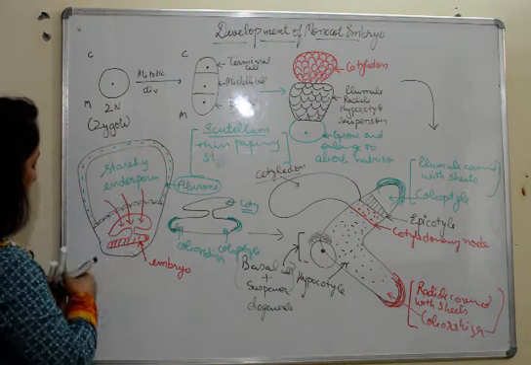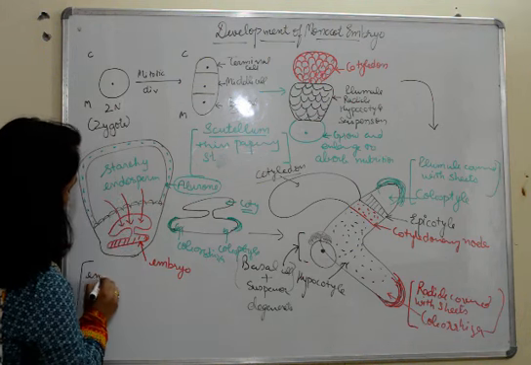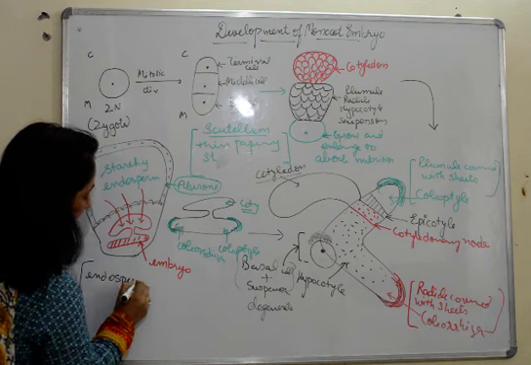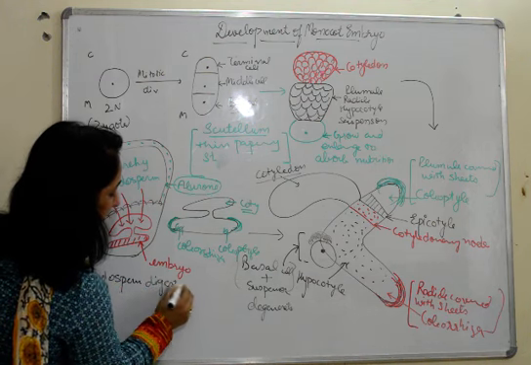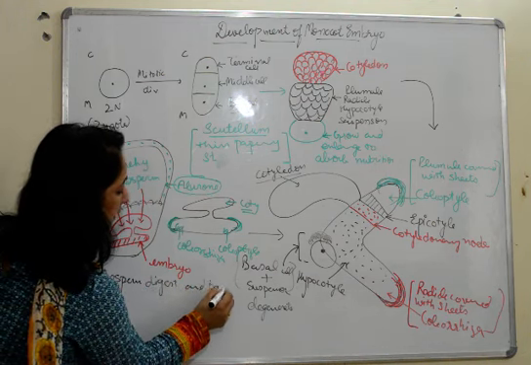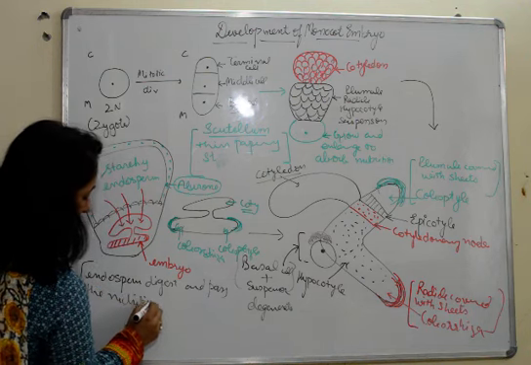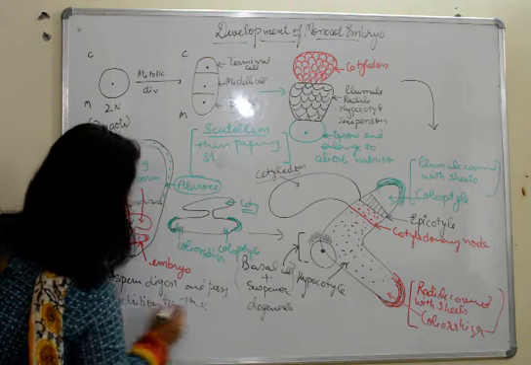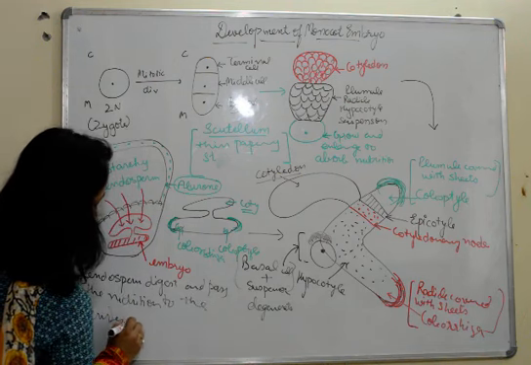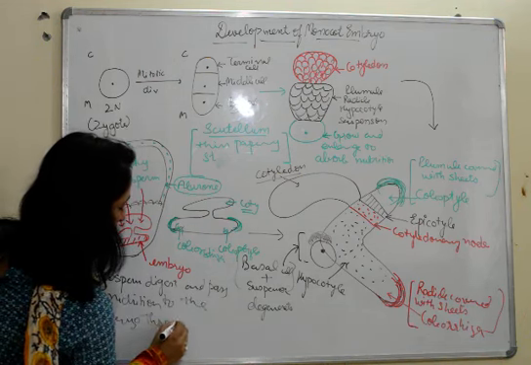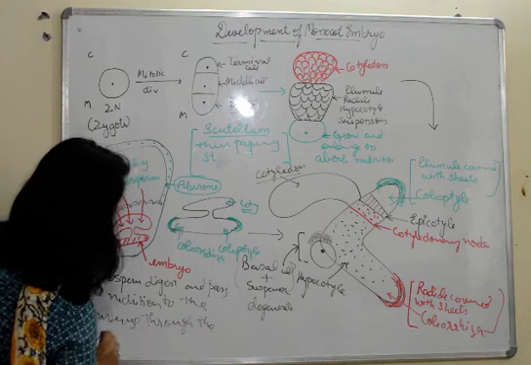I'll just write it here. Endosperm digests and passes the nutrition to the embryo through the cotyledon.